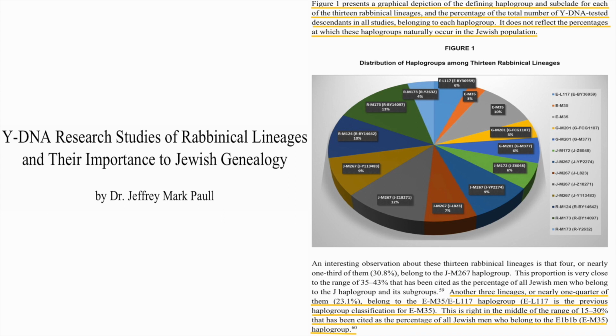E-L117 is the previous haplogroup classification for E-M35. This is right in the middle of the range of 15 through 30% that has been cited as the percentage of all Jewish men who belong to the E1b1b E-M35 haplogroup.